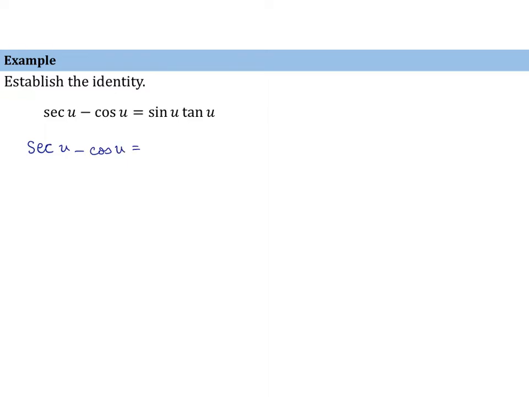Well, let's use the fact that secant of u is 1 over cosine of u by the reciprocal identity. Now, what we can do is get a common denominator and subtract these two fractions.